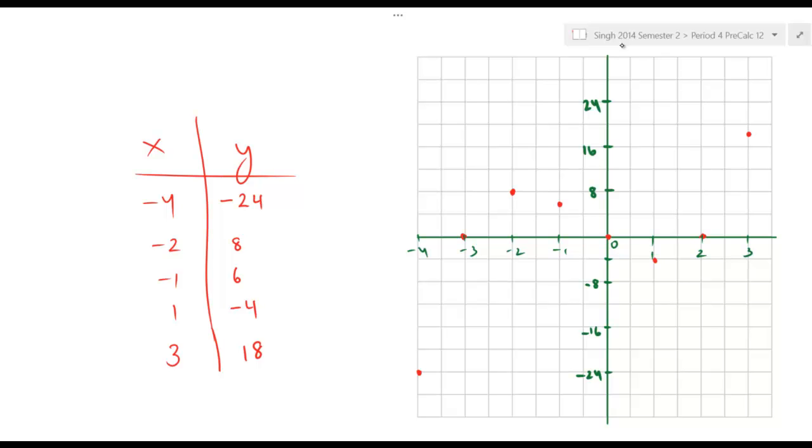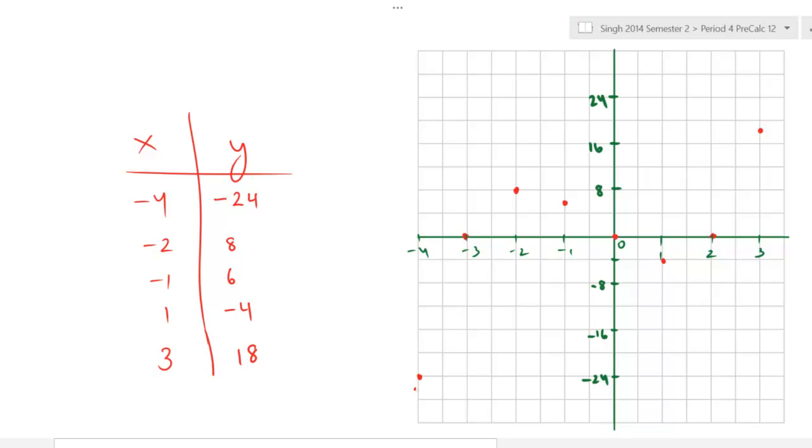Now it's just a matter of connecting those dots, given the key idea that we do know what our function is going to look like. So what we should end up getting is a graph that looks like this. It's going to have a hill here. It's going to pass through that intercept, and that intercept, and again it's going to keep on going up.